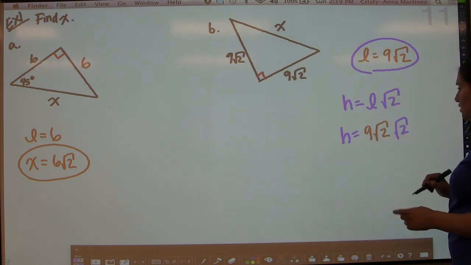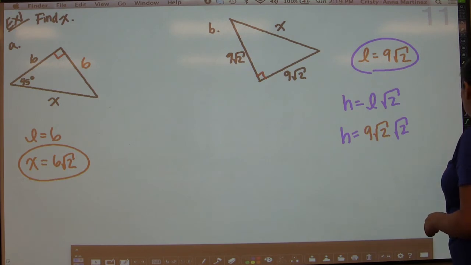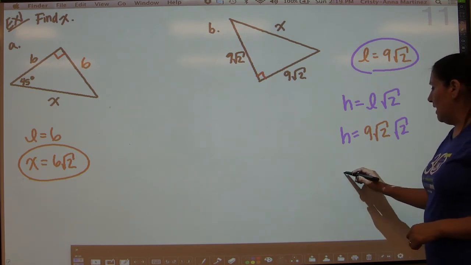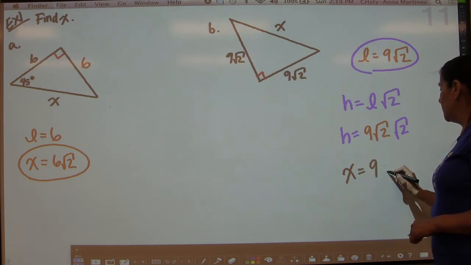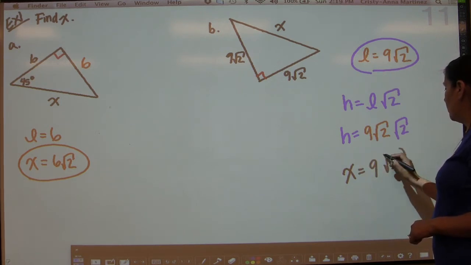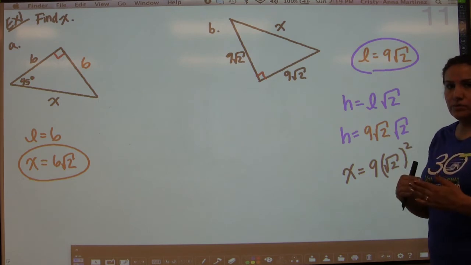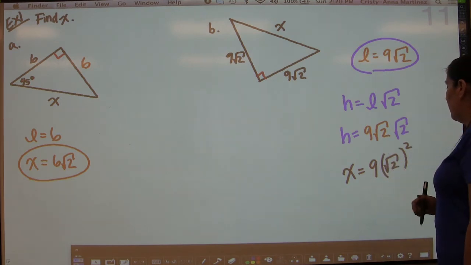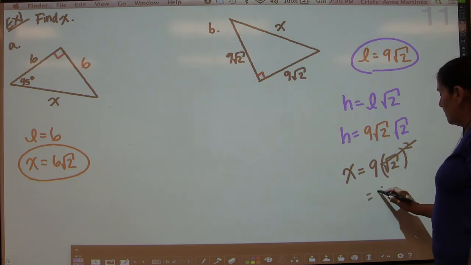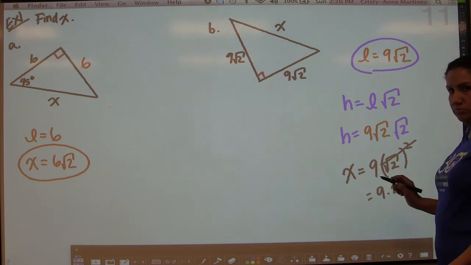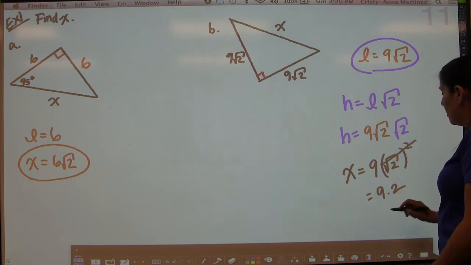So now you have H equals 9√2 times √2. Or in other words, X, which happens to be the hypotenuse in this diagram, is equal to 9 times √2 squared, because √2 times √2 is √2 squared. And lucky for us, the √2 squared cancels, and then you get 9 times just 2, because the square root cancels with the square. So in the end, you get that X equals 18.